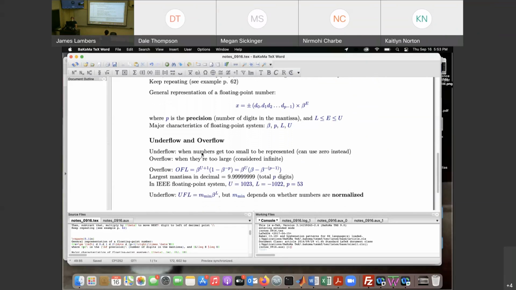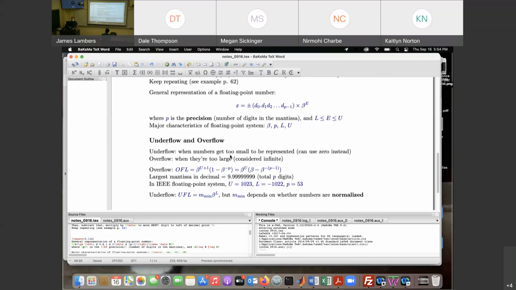For instance, let's suppose you are limited to, let's say, 10 decimal digits, and the lowest exponent possible is, say, minus 20. So you can represent, for instance, 10 to the minus 20, no problem. But you cannot represent the number 10 to the minus 100 in a system like that. You don't have enough digits, and your range of exponents is too narrow for that. So a number that small would be considered 0. That's an example of underflow.